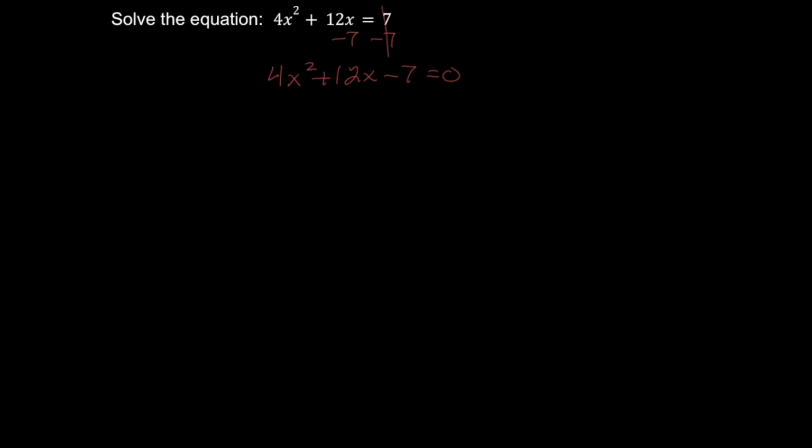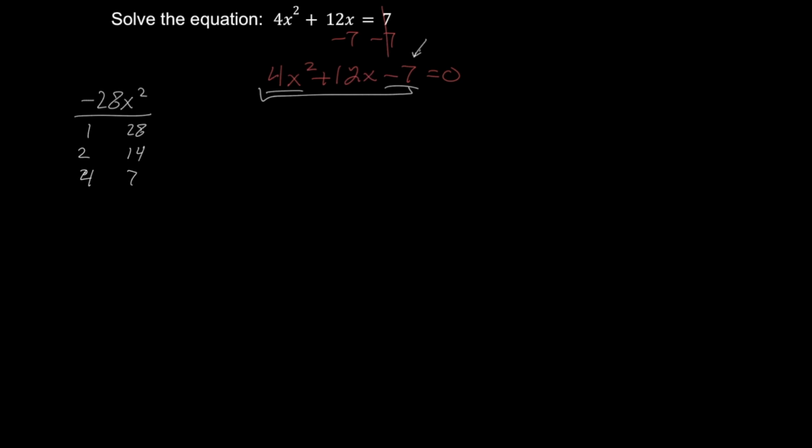Now the next step I'm going to do is to just factor this quadratic on the left side. So there's not a common monomial in all three terms, and it's not a pattern because 7 is not a perfect square. So I'm going to multiply first and last, giving me negative 28x squared. The ways I can factor 28 are 1 and 28, 2 and 14, 3 doesn't go into it, but 4 and 7 does.